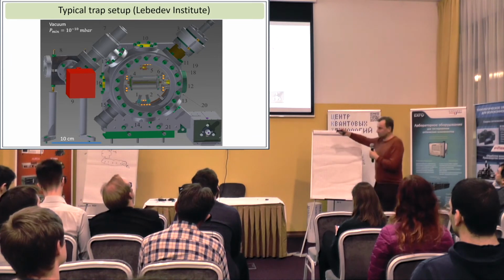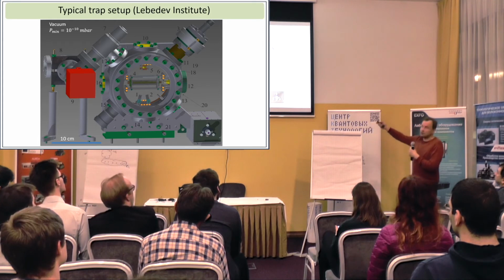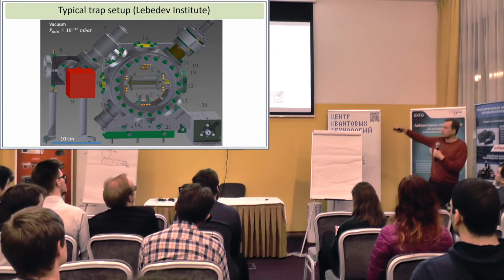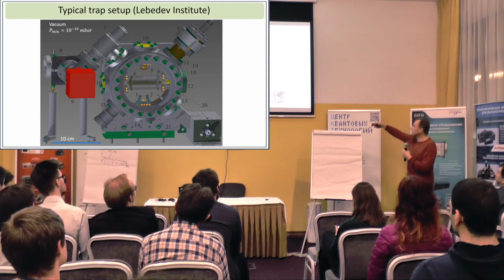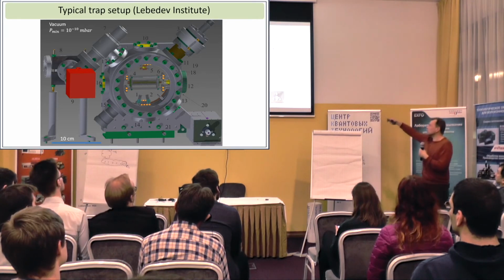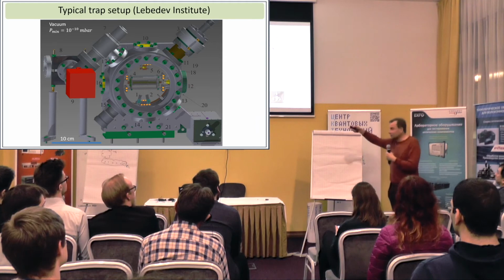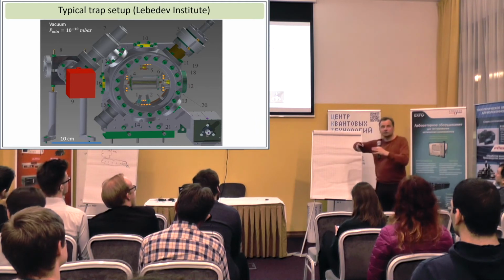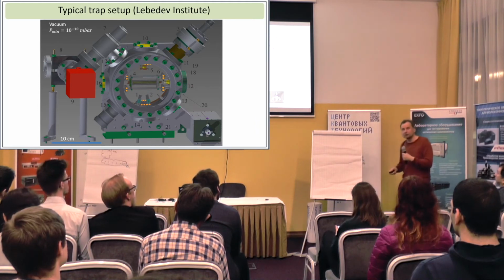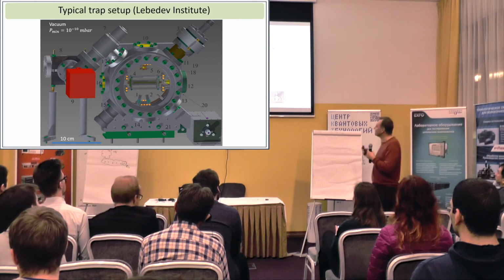For example, if you want to produce ions inside the trap, you need photoionization. So it's a photoionization laser which ionizes neutral atoms, and you trap ions inside the trap. You can do it also with an electron gun, which we did long ago, but an electron gun charges everything around, and these stray charges are not good for high precision experiments, I would say.